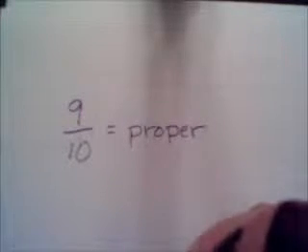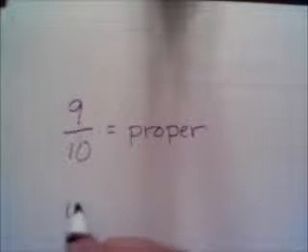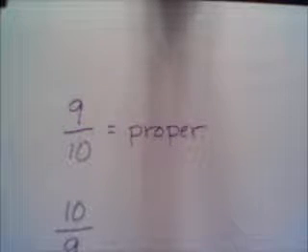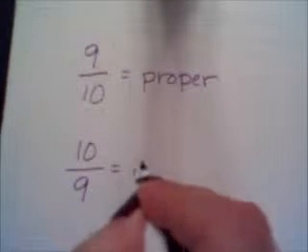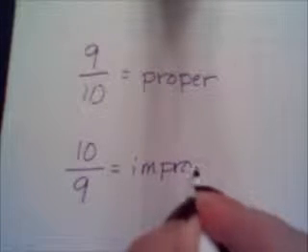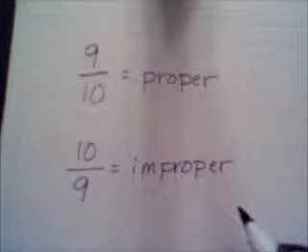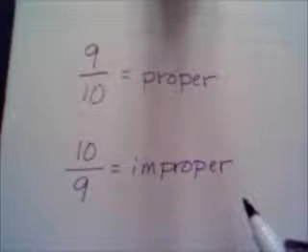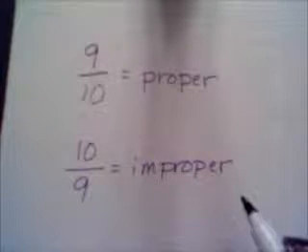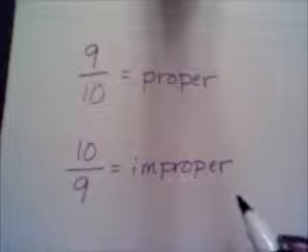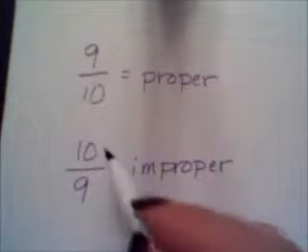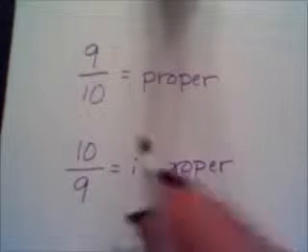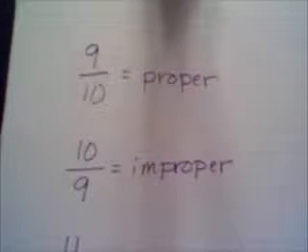An improper fraction is one where the numerator is greater than or equal to the denominator, okay? So anything that is greater than 1 is going to be an improper fraction. 10 over 9 is an improper fraction because the numerator is greater than the denominator, okay? 11 over 11 is an improper fraction.